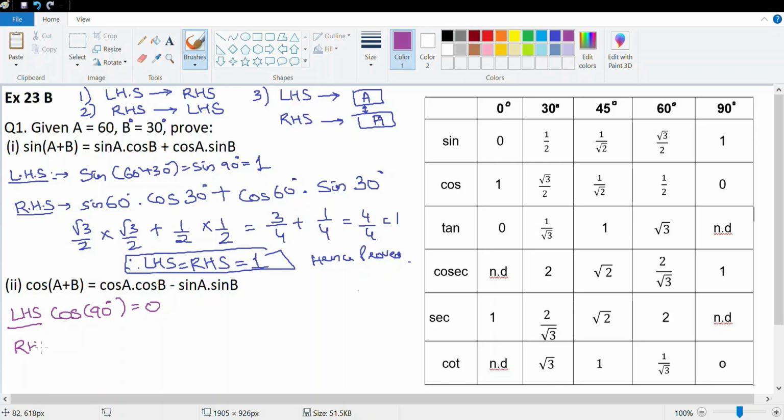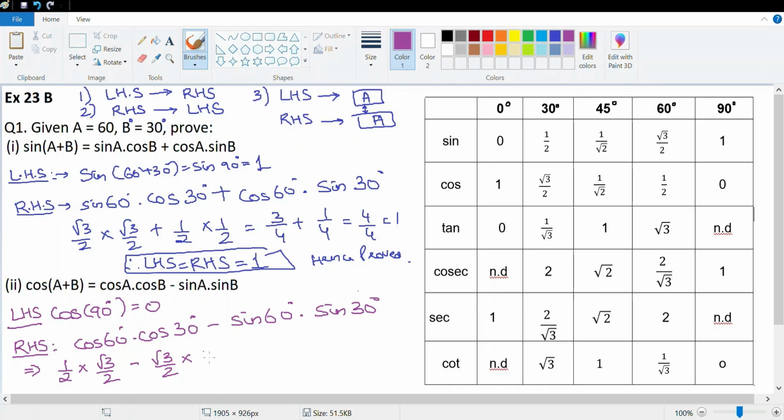Now right hand side is cos 60 degree multiplied with cos 30 degree minus sine 60 degree multiplied with sine 30 degree. Now cos 60 degree is equal to half, cos 30 degree is equal to root 3 upon 2, and sine 60 degree is equal to root 3 upon 2, and sine 30 degree is equal to half.